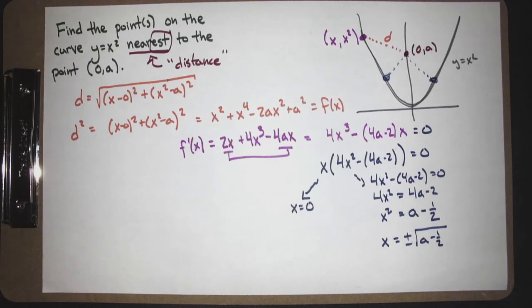Well, something weird is going on here, because we have 2 points. So which one's the right answer? They all are. That's a bold answer. Well, you have the 0, so that's whatever a is distance away, right?